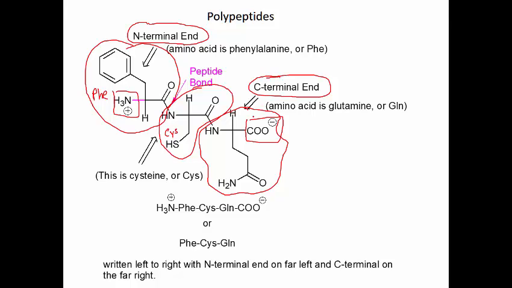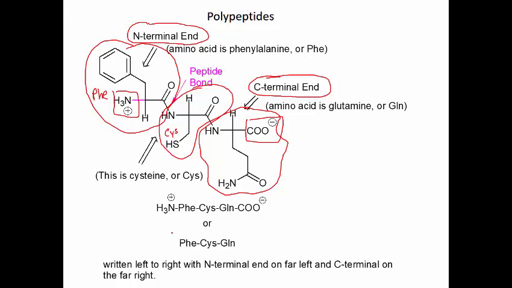Okay, one way we can write this protein sequence, and I'm going to be using three-letter abbreviations, is just take the NH3+, then the three-letter abbreviation for the N-terminal amino acid, the middle amino acid, and the C-terminal amino acid, followed by COO-. There's no ambiguity as to what's the N-terminal and C-terminal end when written this way.